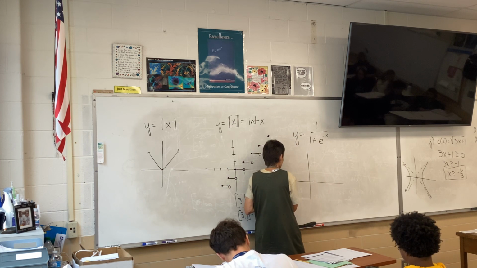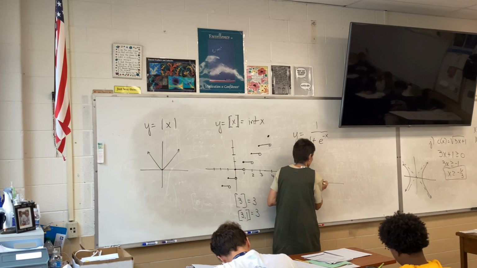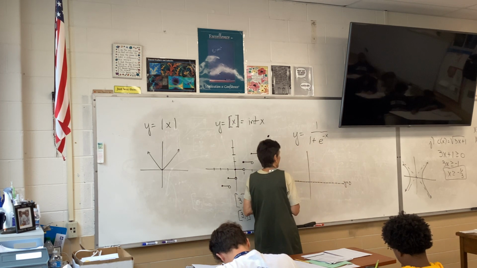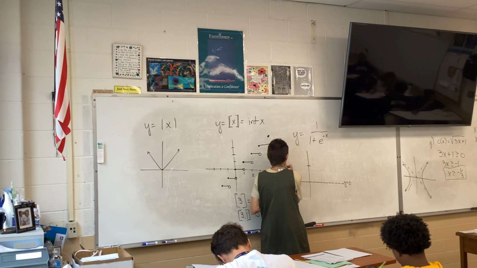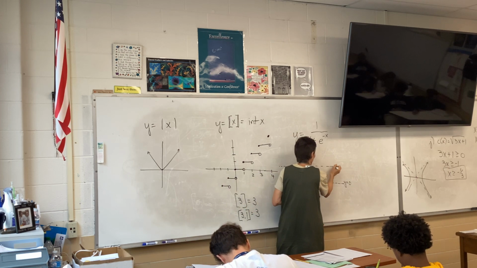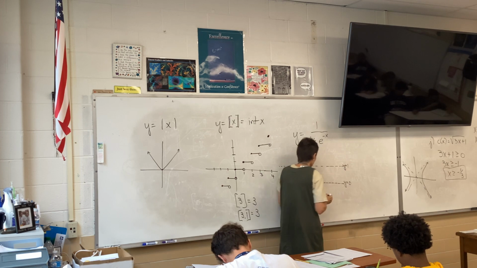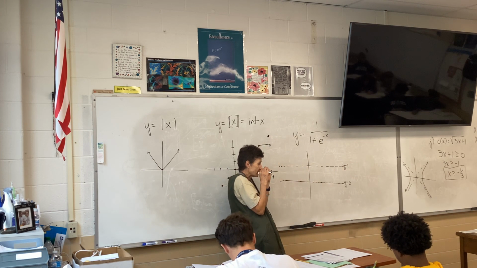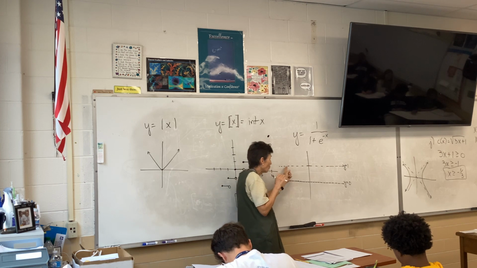Put a horizontal asymptote at y equals 0. Put another horizontal asymptote at y equals 1. So again, obviously I'm scaling this differently so it's not all squished up on that tiny little graph. This is 1.